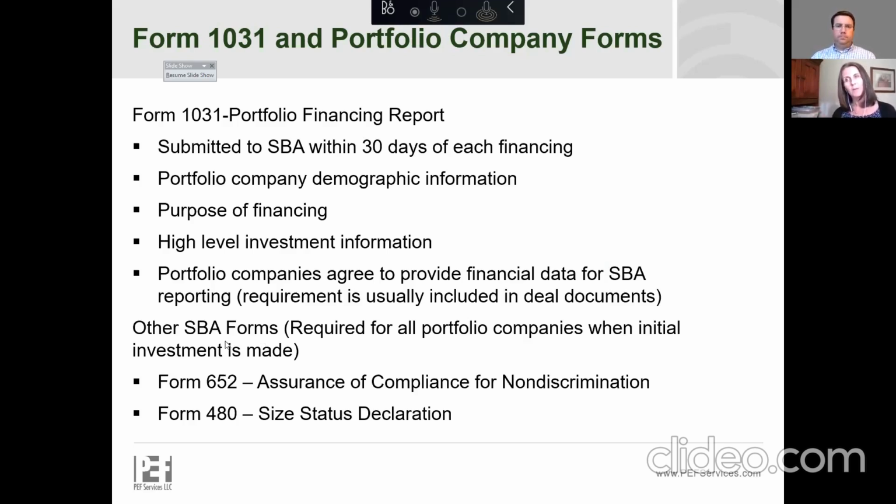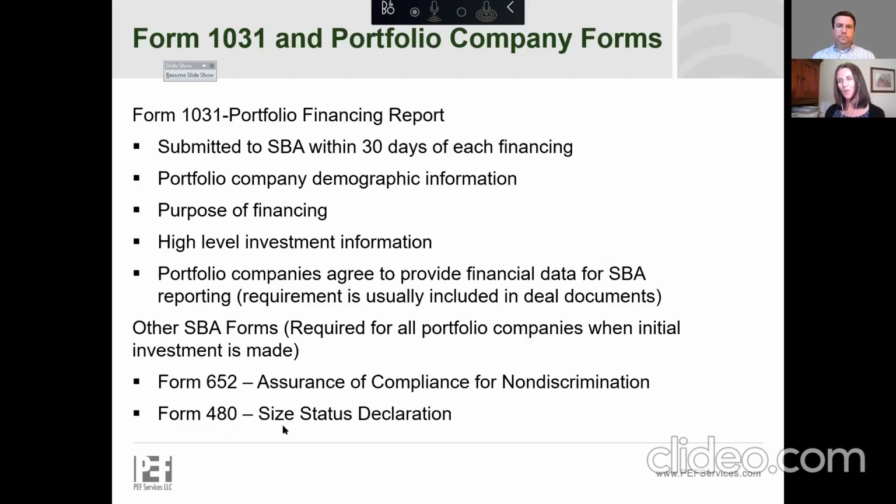Some of the other SBA forms are required to be filed with the initial investment in each portfolio company. The Form 652 is the assurance of compliance for non-discrimination. So this is each portfolio company representing that they're not going to discriminate. There are other laws that require them to comply with that as well, but this is an additional form where they're signing that they will not discriminate.